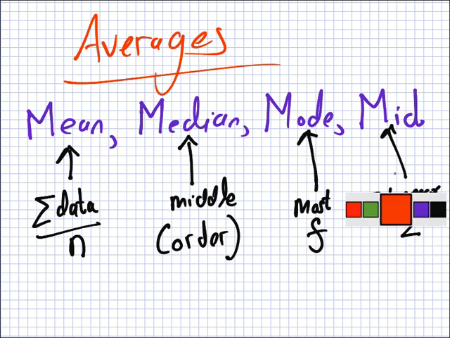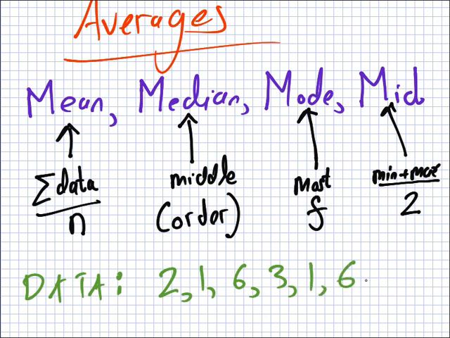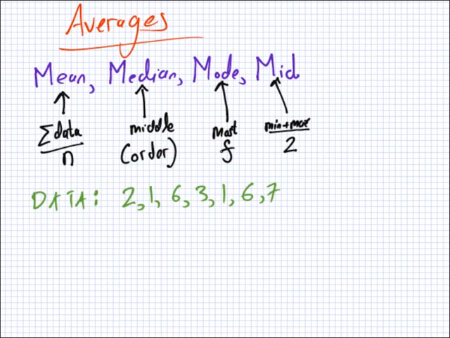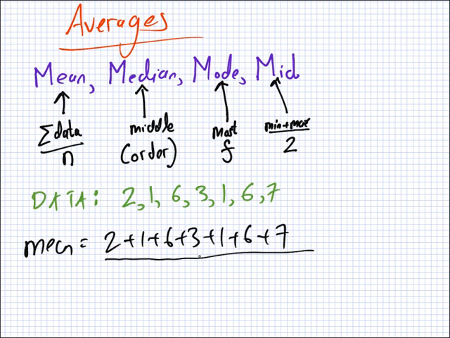Okay, so let's do a calculation, practice each of them. So let's take this data here. I won't put it in order. I'll say 2, 1, 6, 3, 1, 6, 1, 2, 3, 7. Okay, so take out your calculators. Let's get the first one, the mean average. So that would be 2 plus 1 plus 6 plus 3 plus 1 plus 6 plus 7 over 7.